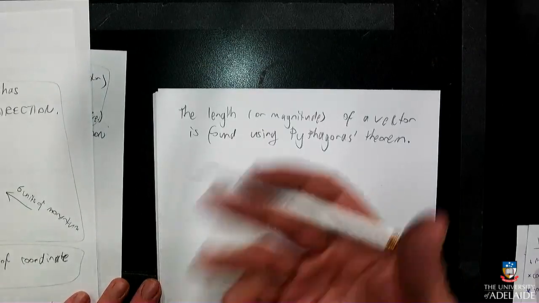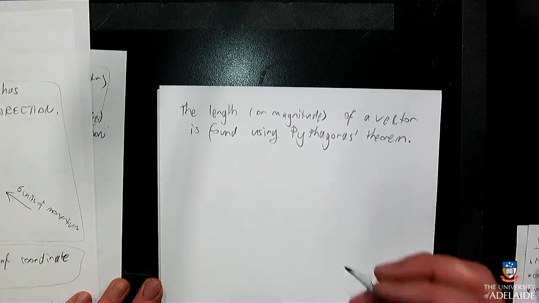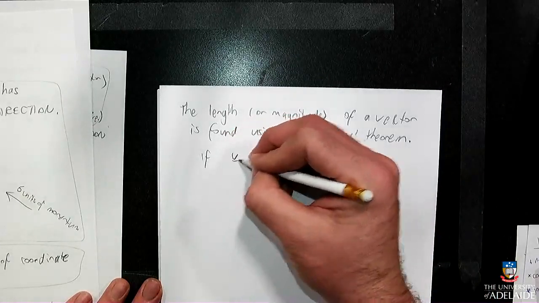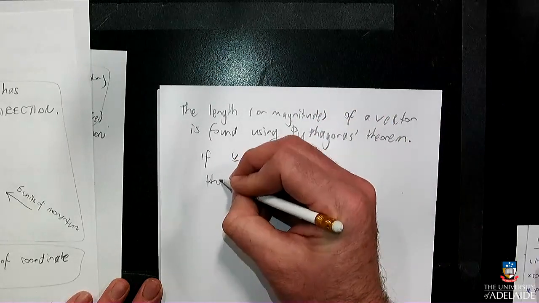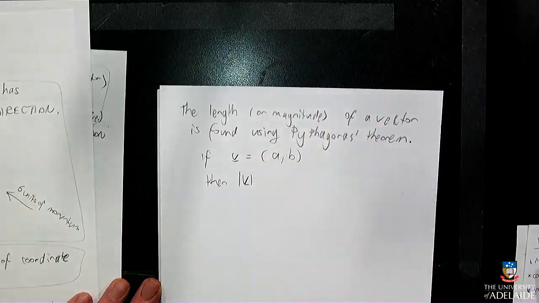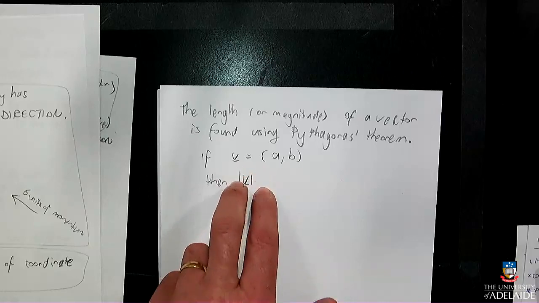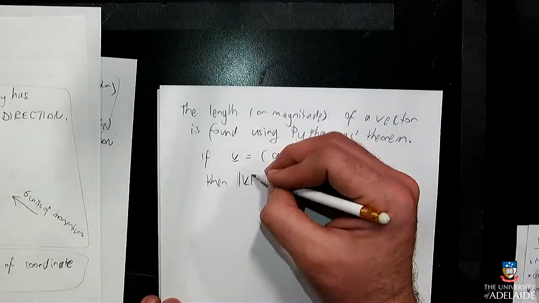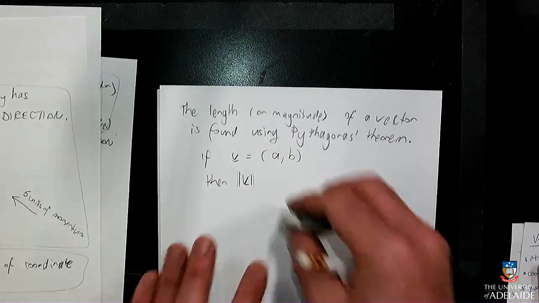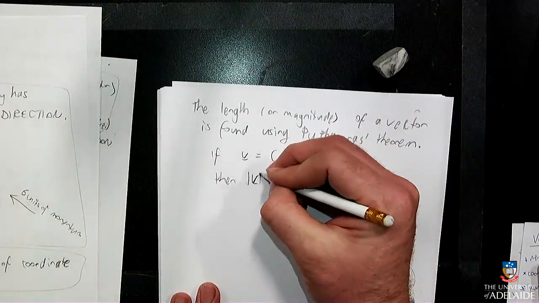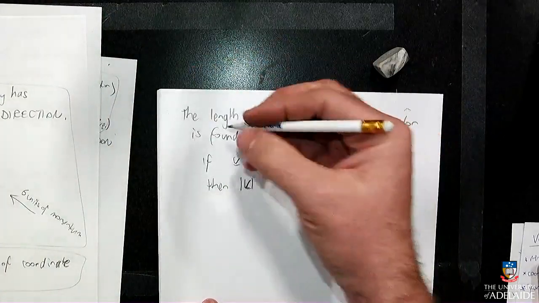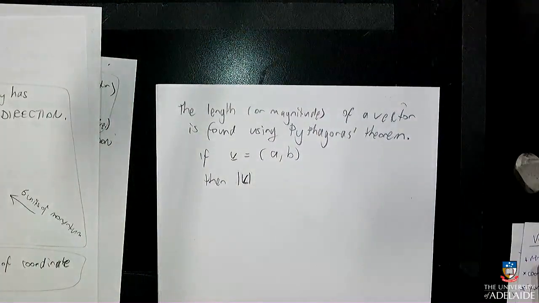Okay, and it's easiest to do as an example, but I'm just going to actually write down the formula. If v is, say, (a, b), then the length of v. Some people write this with a double strike like that, and some people do it as a single. It doesn't really matter, but if you learn maths, further maths or in any other places, check that you're using the right notation.